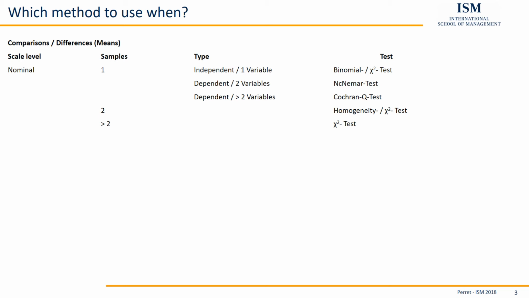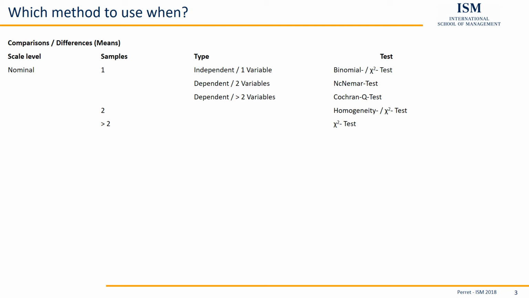So we see, whenever we talk about an independent situation, one variable or more than two independent samples or variables, it usually works with a chi-square test. So the chi-square test is really the fallback solution for nominal data. Only when we have dependent samples or dependent variables, we're going to use a slightly different test. So that was for nominal scale levels.